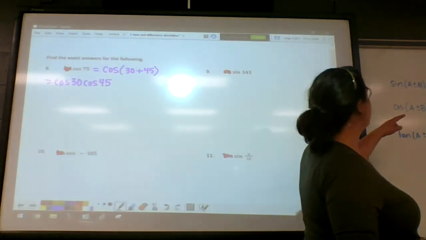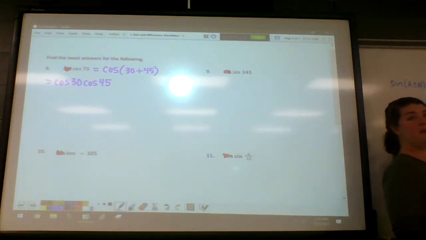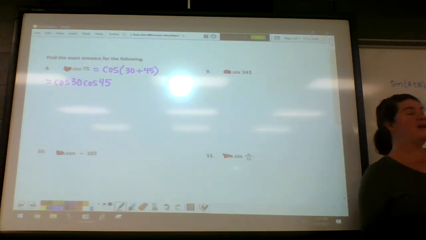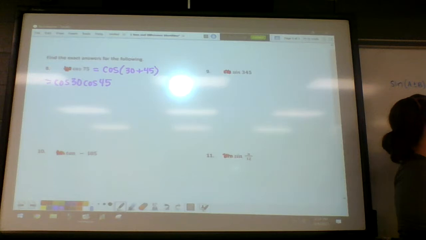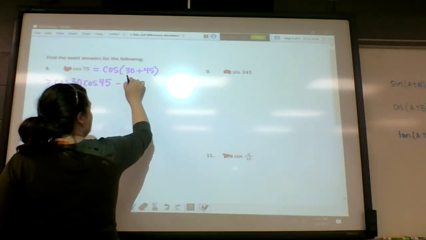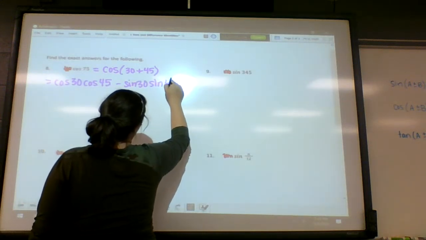And then are we going to use plus or minus for this cosine? We're going to use the minus, right? We had to use the plus because we wrote 30 plus 45, so since we picked a plus, we'll use the minus. And it's minus the sine of one angle times the sine of the other angle.